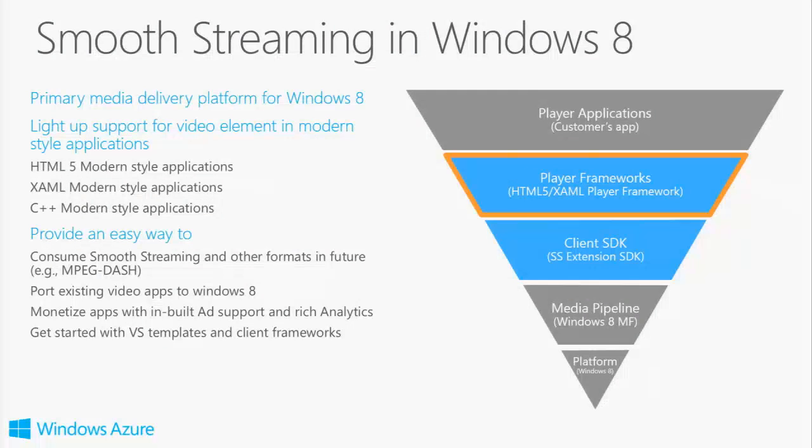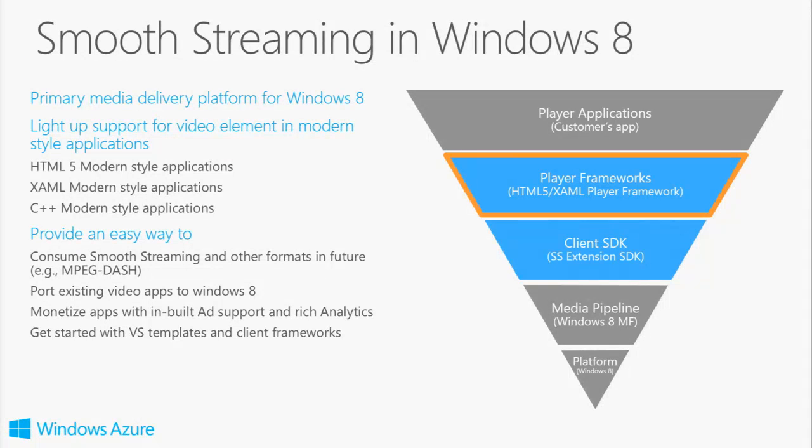If we look at the pyramid on the right, the Windows 8 team shipped the Windows 8 platform, and on top of that is the media pipeline built by Windows 8 Media Foundation, which enables all those video rendering and decoding capabilities. And our team shipped the Client SDK, which we also call the Smooth Streaming Extension SDK, basically as an extension plug-in to the media pipeline to enable smooth streaming playback capability.